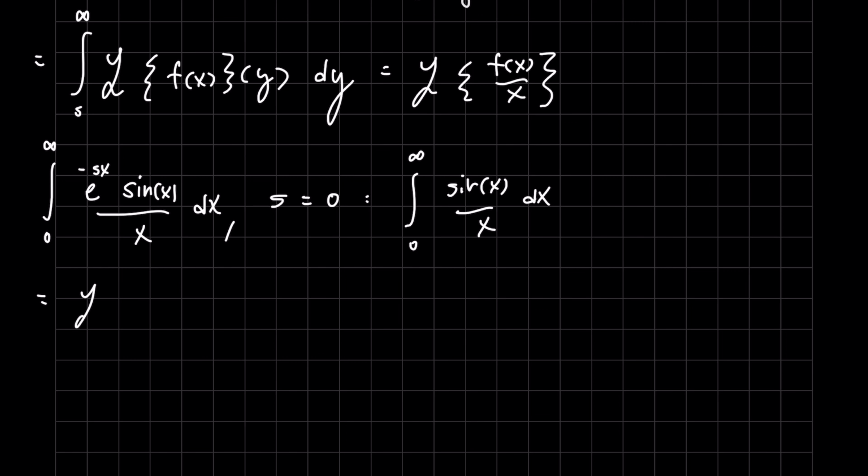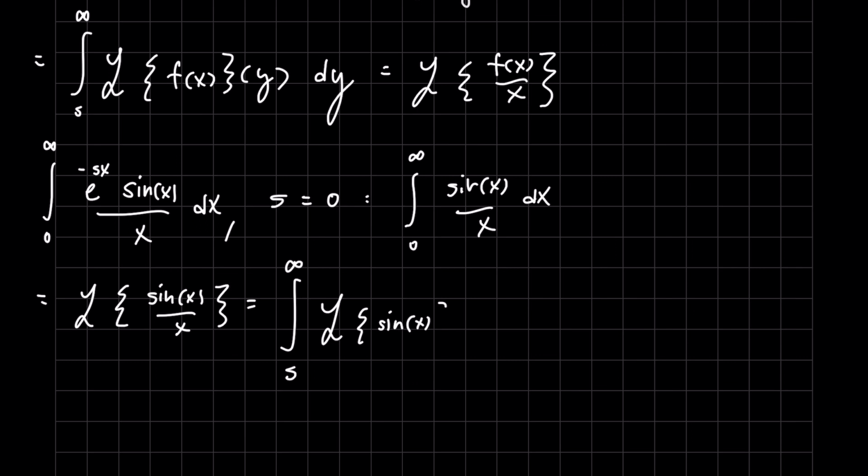This is the same thing as the Laplace transform of sine of x over x. And applying this rule here, we have the integral from s to infinity of the Laplace transform of sine of x in terms of y dy.